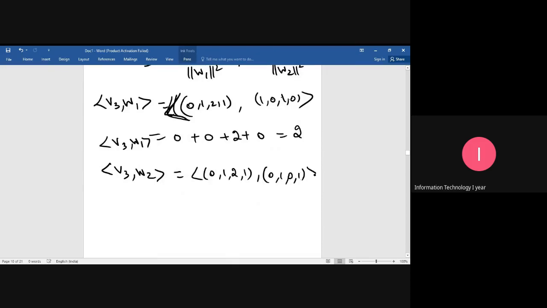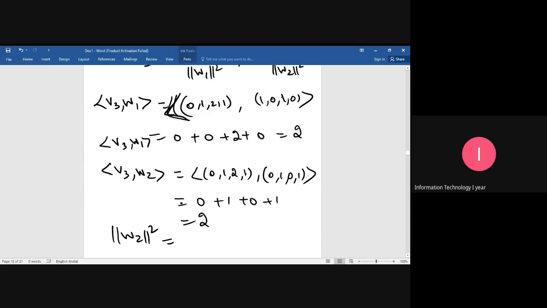So find out multiplication. 0 into 0, 0. Plus 1 into 1, this is 1. Plus 2 into 0, 0. Plus 1 into 1, 1. So what is the answer? It is 2.